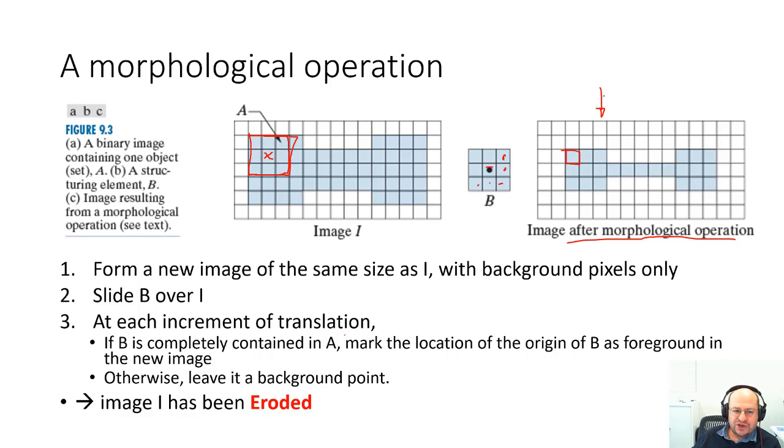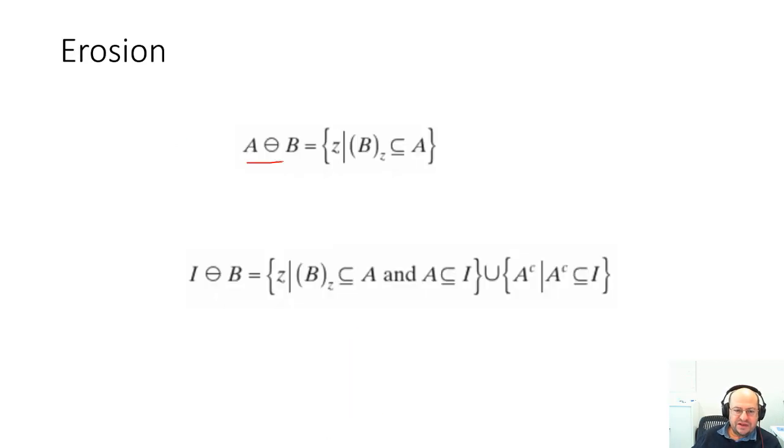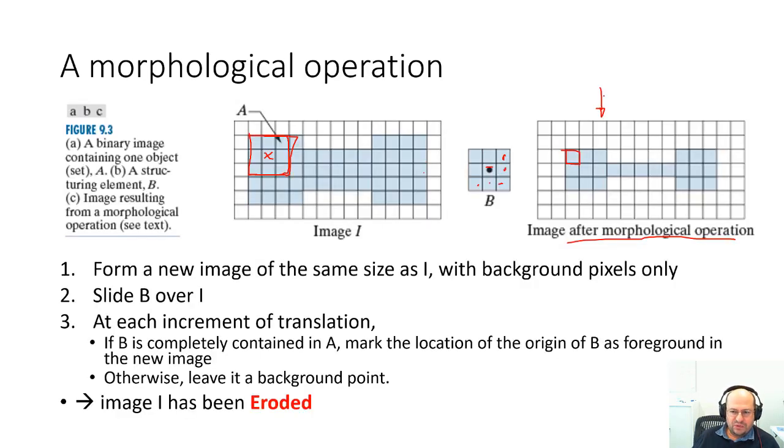Eroding is the operation that you just saw, and there is a symbol for erosion: a minus circumscribed by a circle. The result of the erosion is every z such that z is the center of the structuring element B if it is totally contained in the foreground image A. This is exactly what we did here.